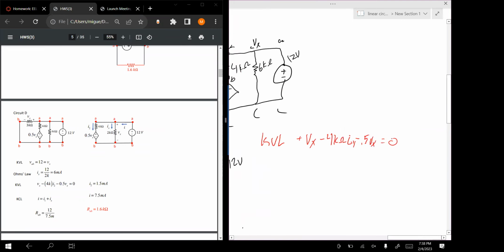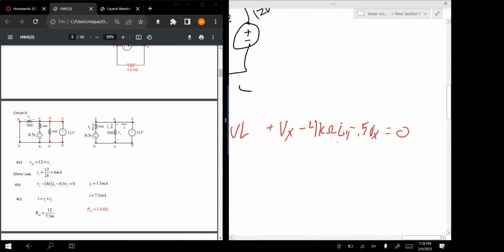So in this case, we actually have two variables. If we simplify this, we get negative 4 kilo ohms IY plus 0.5 VX equals 0. The reason I got plus 0.5 is because I combined both of these.